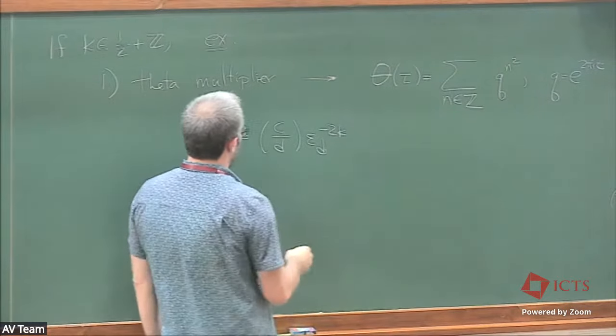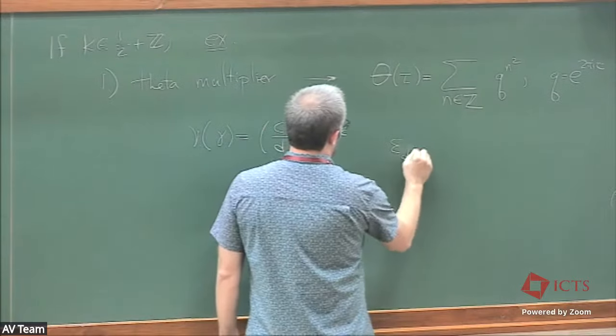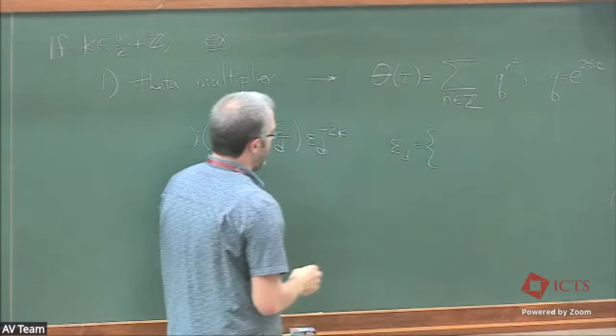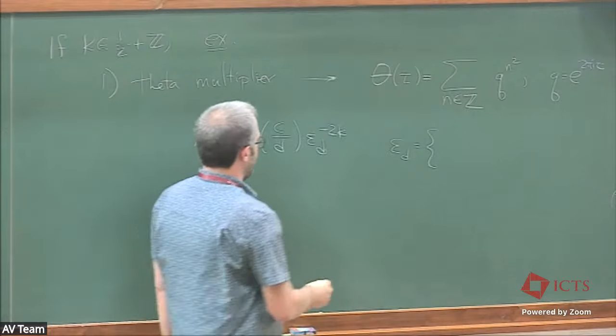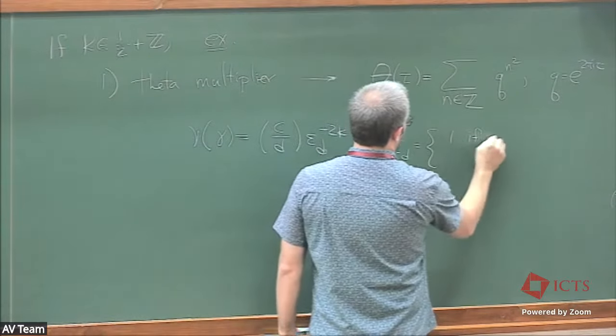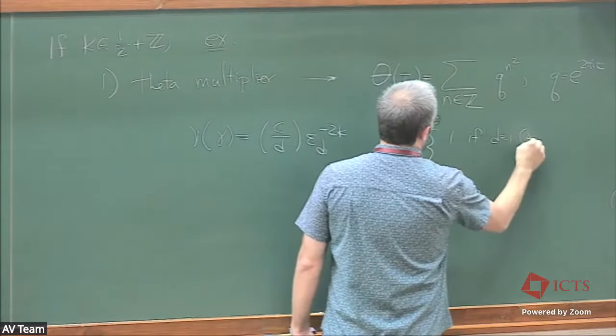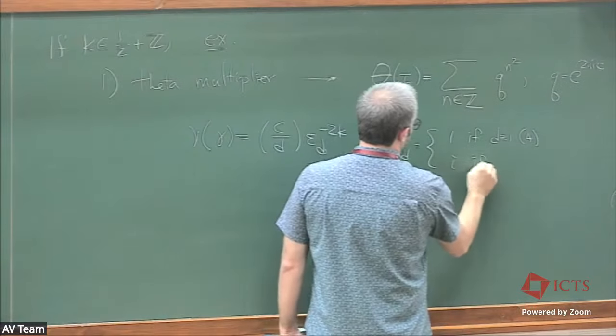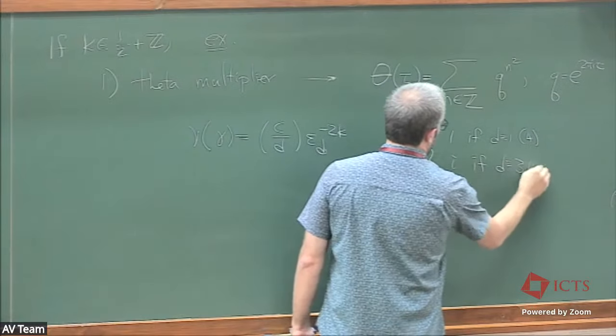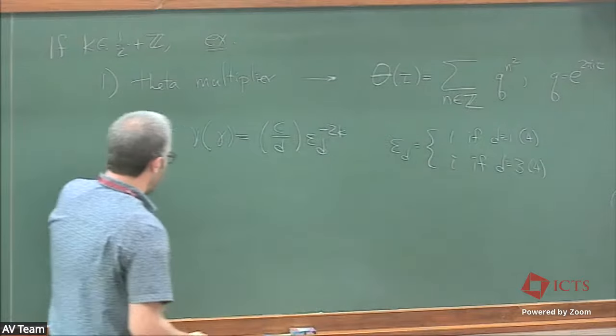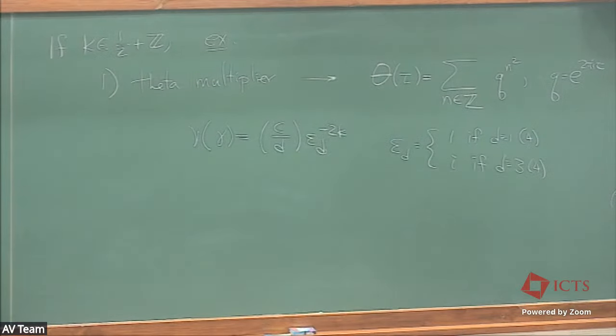So the usual Legendre symbol, and then epsilon d is the sign of the Gauss sum. So it's 1 if d is congruent to 1 mod 4, and it's i if d is congruent to 3 mod 4. And so that's an explicit formula here.